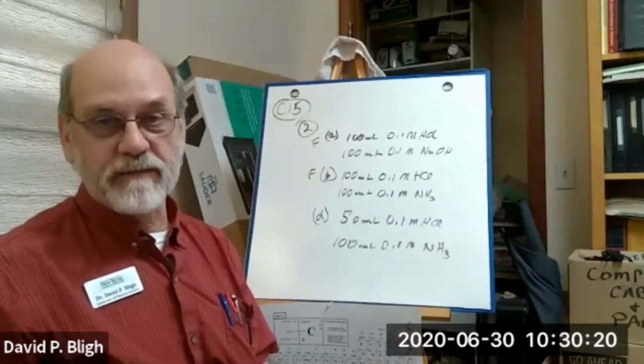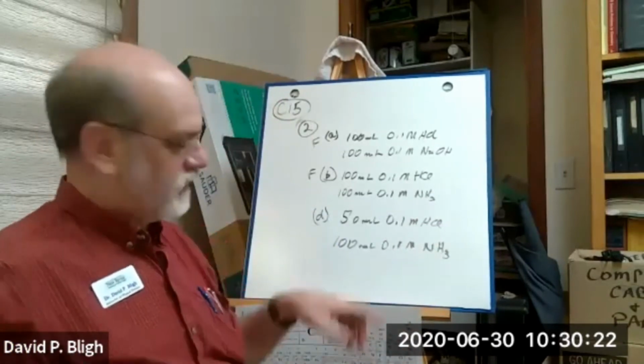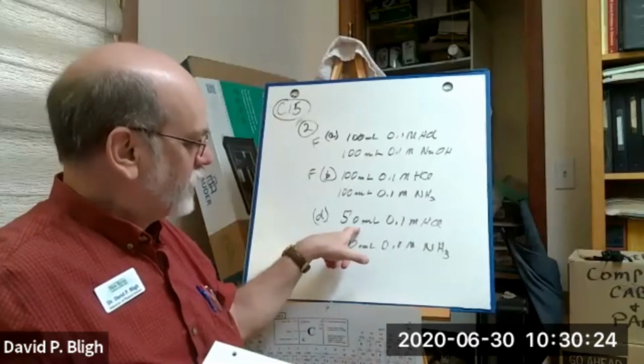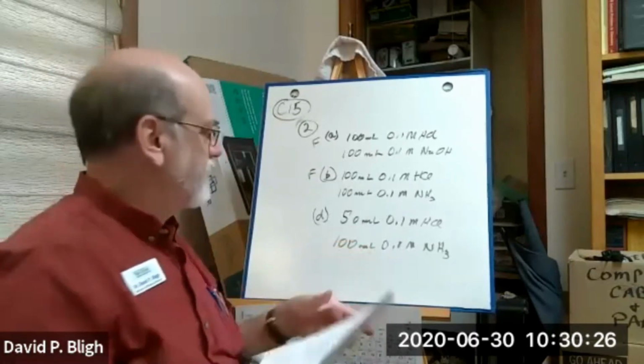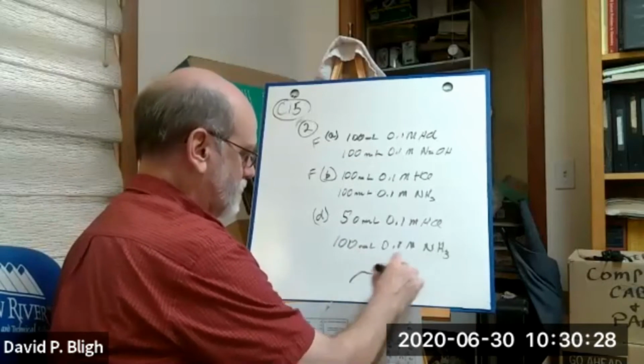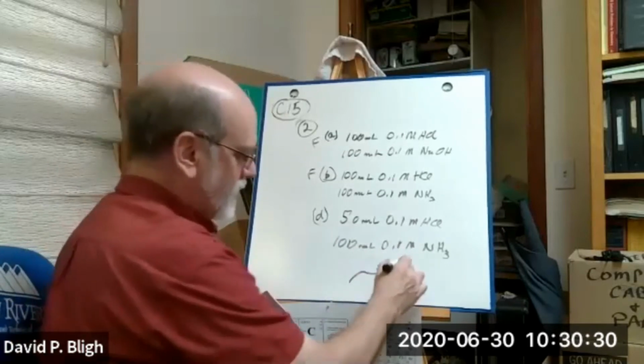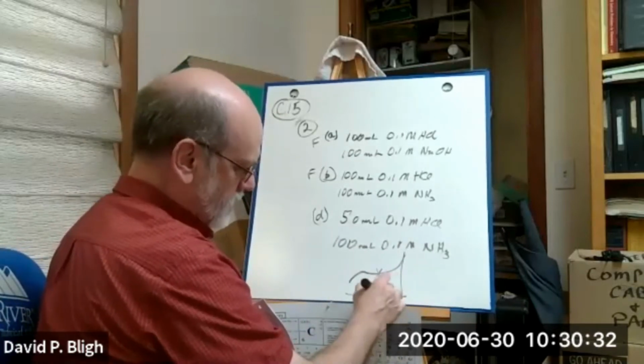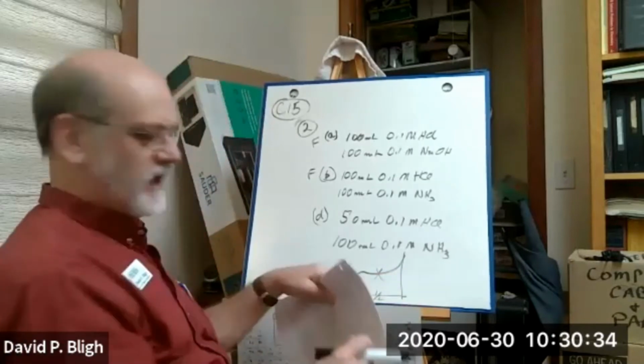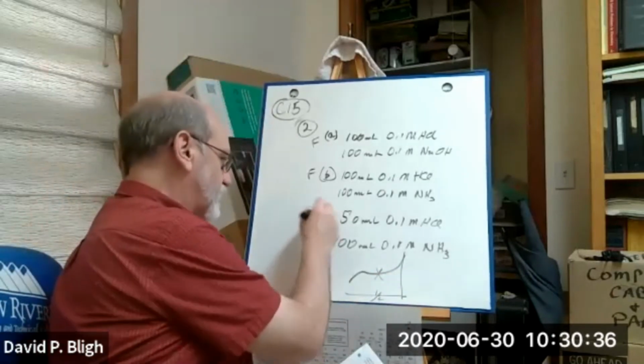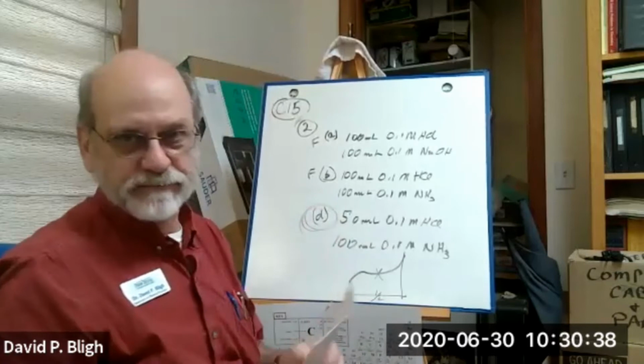Now where are we? We're at half equivalence. We've only neutralized half of this one. That puts us right there. This is full here. This is 1/2 there. That's our buffer. D.